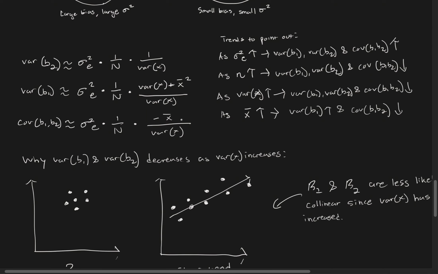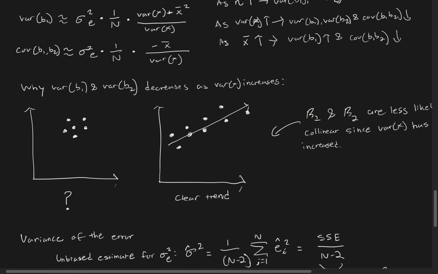And then I think I could say the hardest one to intuitively understand why it's happening is as the variance of x is increasing, the variance of beta 1 and 2 are actually decreasing. And so I'll demonstrate why here.